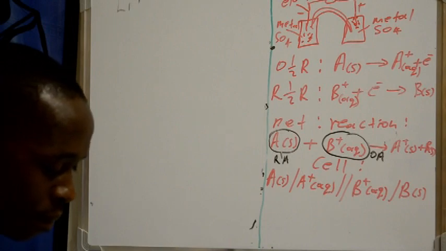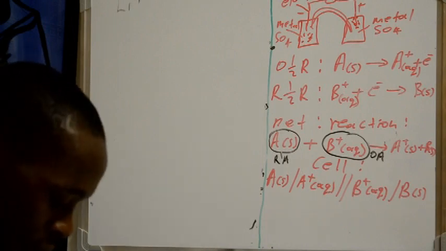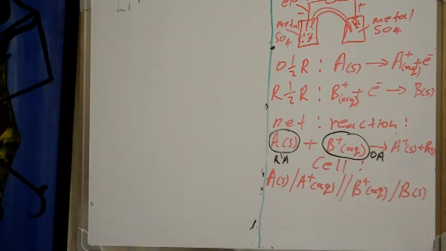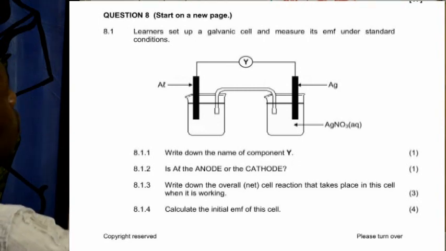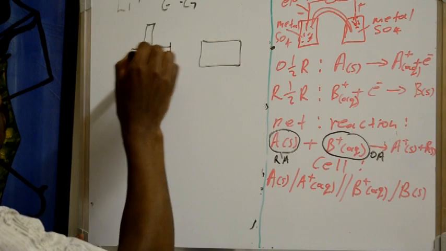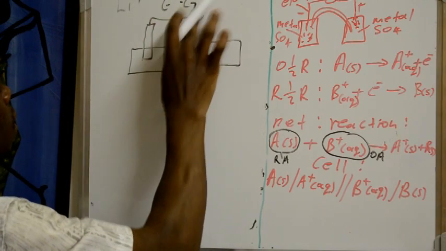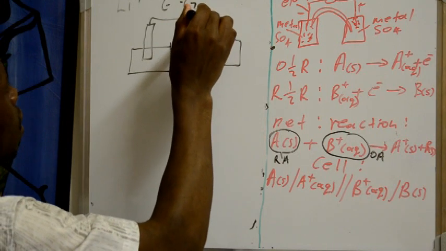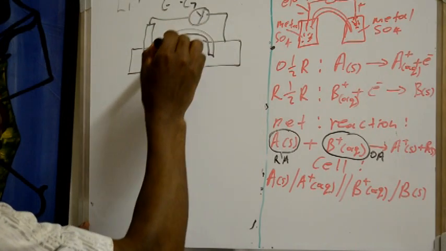So in this reaction, I'm given this type of cell here. This is my cell and it has two reactions. This is just an example. I've got this electrode, then my salt bridge, of course, as we know.